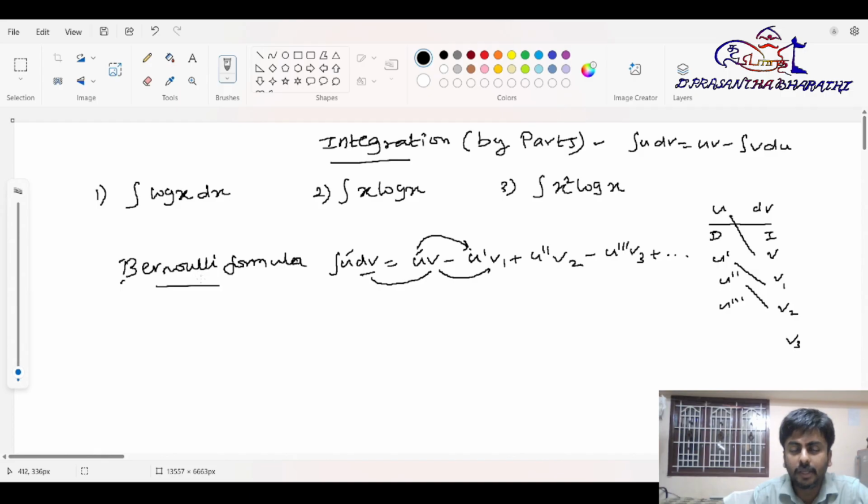But the biggest trouble in applying it is that you extend the differentiation until the nth derivative of u becomes 0, or at least a constant, so that the next term, the (n plus 1)th, becomes 0. If the nth derivative is 0, then definitely the (n minus 1)th is a constant.